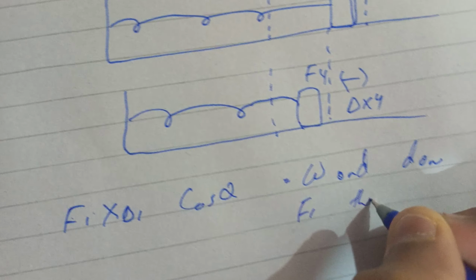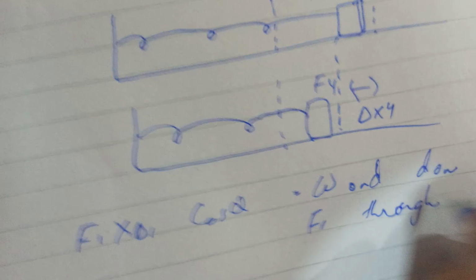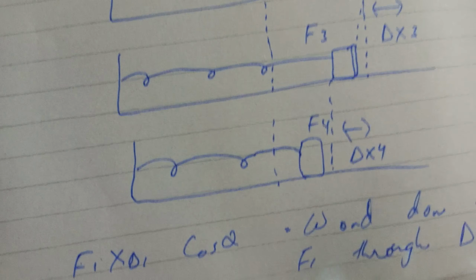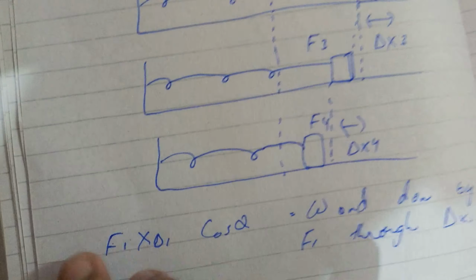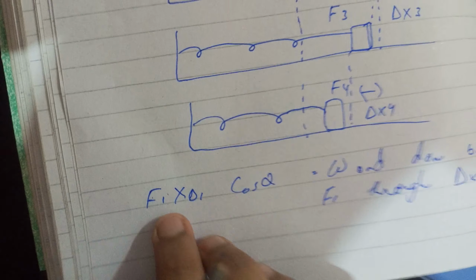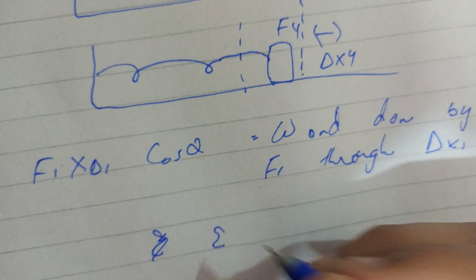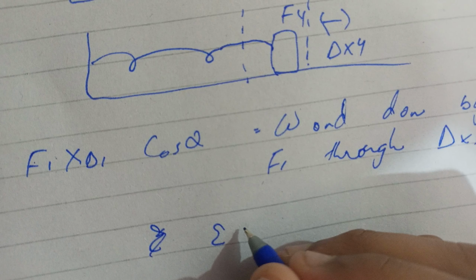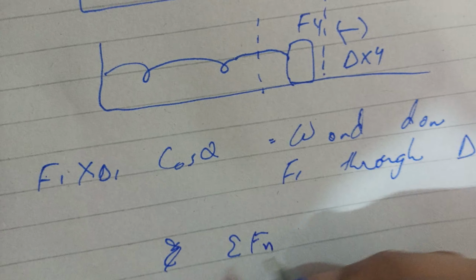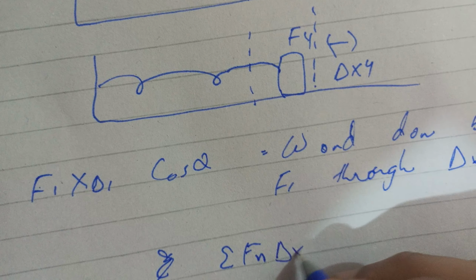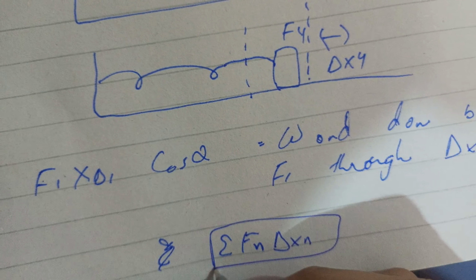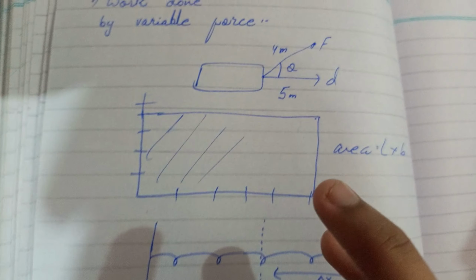We need to sum all the values, like f2 x delta x2 cos theta. So it will remain a summation, just the sum of all, up to fn and delta xn. So here is the formula for the work done by a variable force. I hope you understand very well.